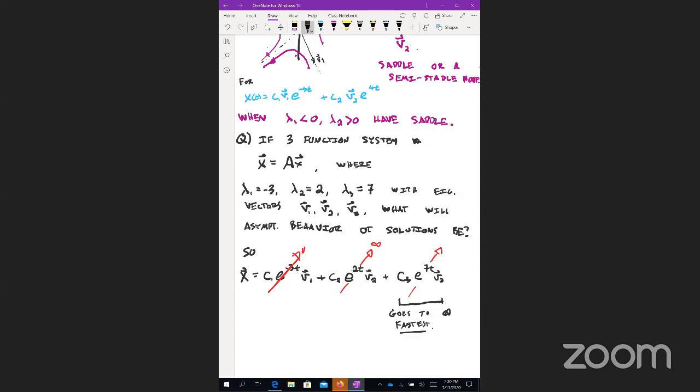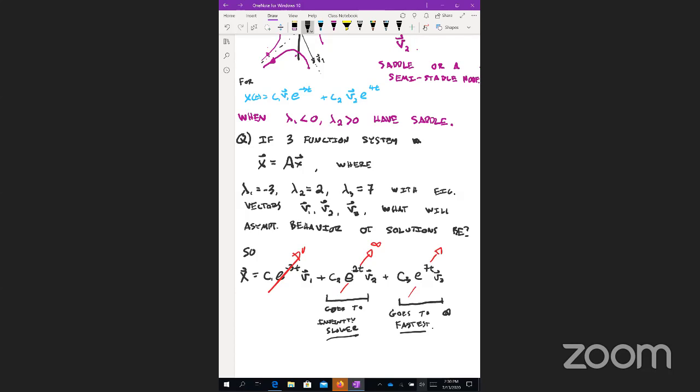So the first thing that's going to happen is that one of these is going to contract out. And then we're going to have a competition between these two exponentials. So this goes to infinity slower.